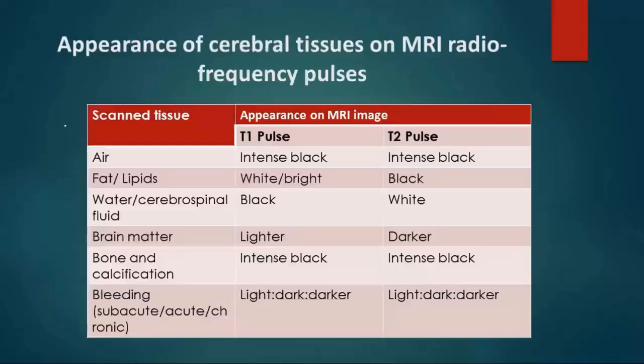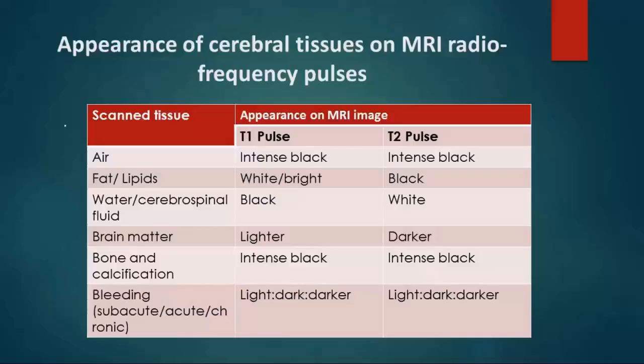Just like we talked about the appearance of cerebral tissues on the CT scan, this is how the various tissues appear on an MRI. The MRI uses two radio frequency pulses, the T1 and the T2.